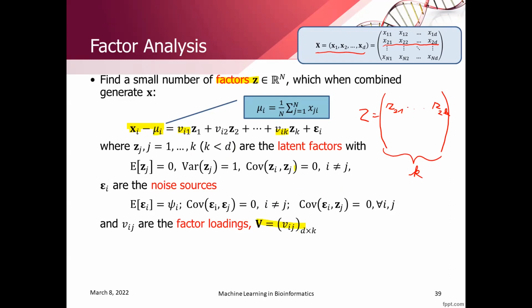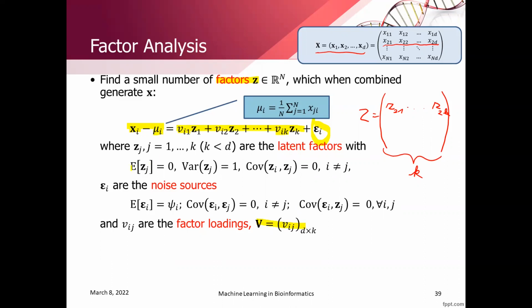And of course, we suppose that the mapping is not exact, so there is some noise term, epsilon i, that could be the difference between the combination of the factors and the real value of the ith attribute minus its mean.